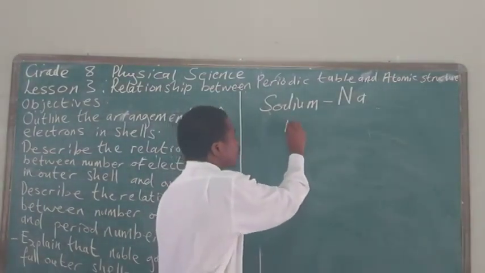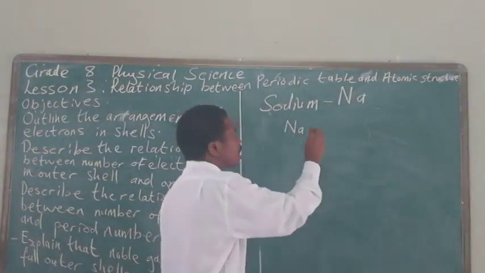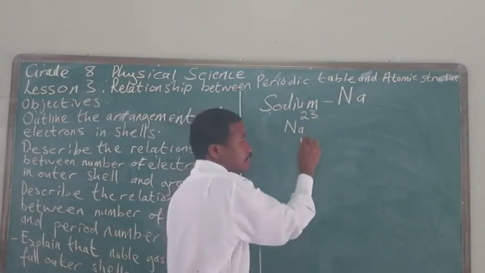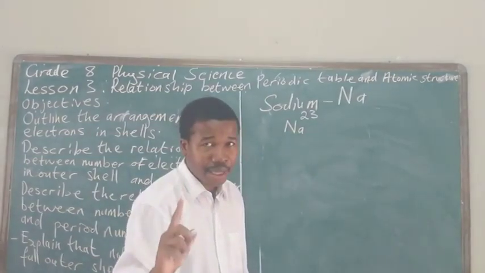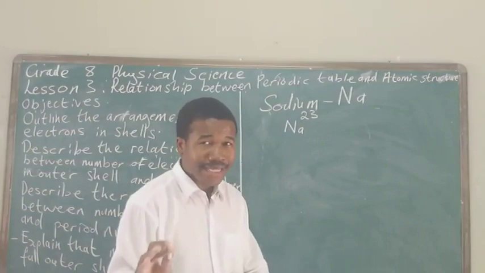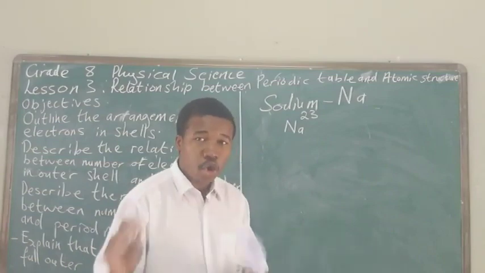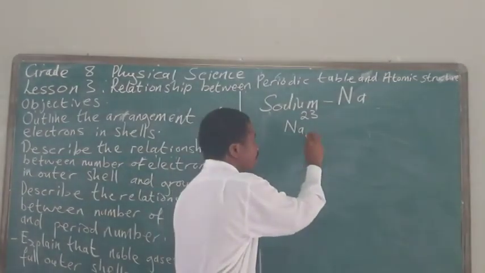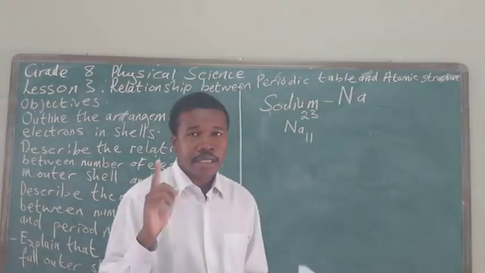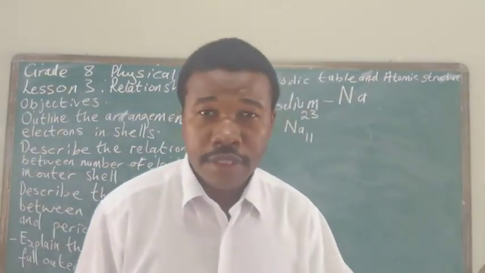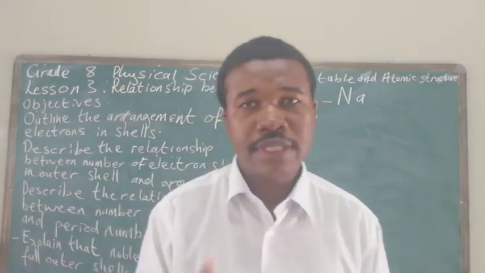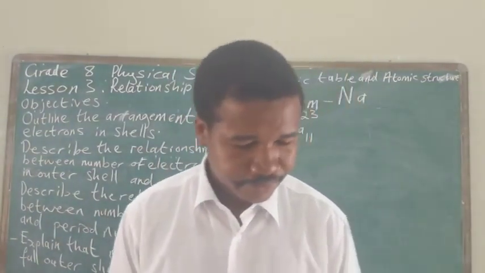If we look again in our periodic table, we'll find that sodium has a mass number of 23. There's a mass number and there is an atomic number. The atomic number for sodium is 11. The mass number is the addition of the protons and the neutrons, while the atomic number tells us the number of protons that are in that atom.